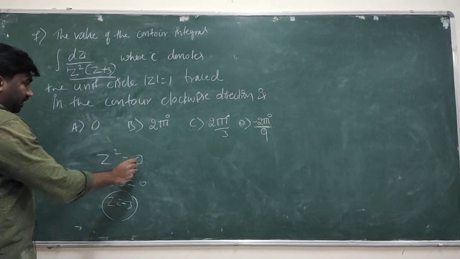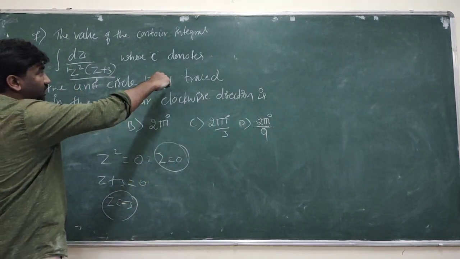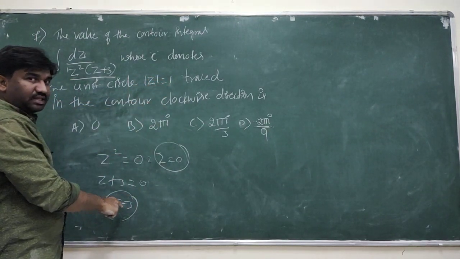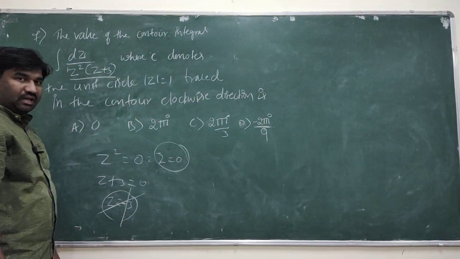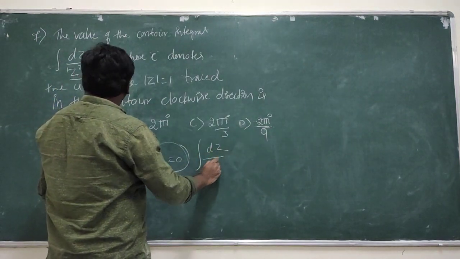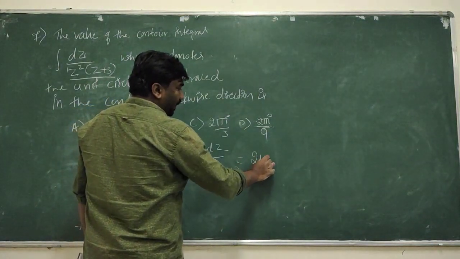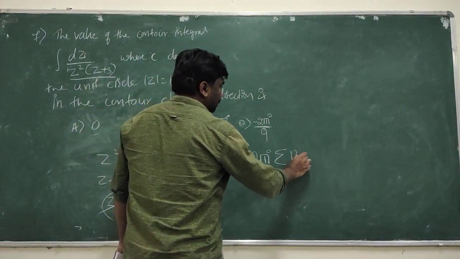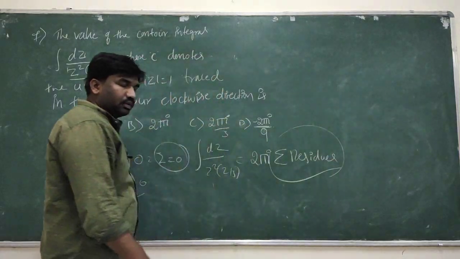And another one is z is equal to 0. z is equal to 0 is inside the circle, if the radius of the circle is 1, and z is equal to minus 3 is out of the circle. So for this, residue is no need to calculate. The integration dz divided by z square into z plus 3 is equal to 2 pi i into the sum of residues. Sum of residues. So this is the answer.